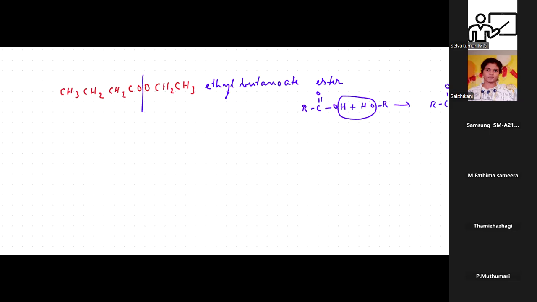If it is from methanol, methyl, ethanol, ethyl. And the other part which comes from the acid becomes oate. So if you take butanoic acid and ethyl alcohol, what you are getting is ethyl butanoate.